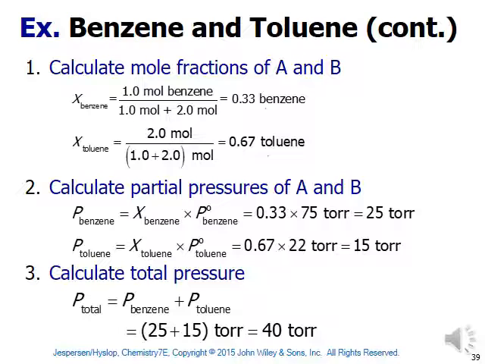And then now you can do it all in one step or 2 steps. This breaks the last equation into 2 steps. First, you figure out the pressure of benzene, pressure of toluene, and then add them together. So 0.33 times 75, 0.67 times 22. And so the vapor pressure when you're done is 40.